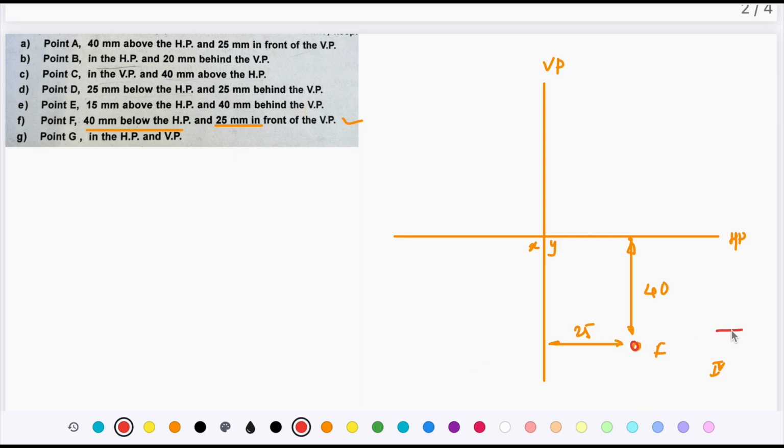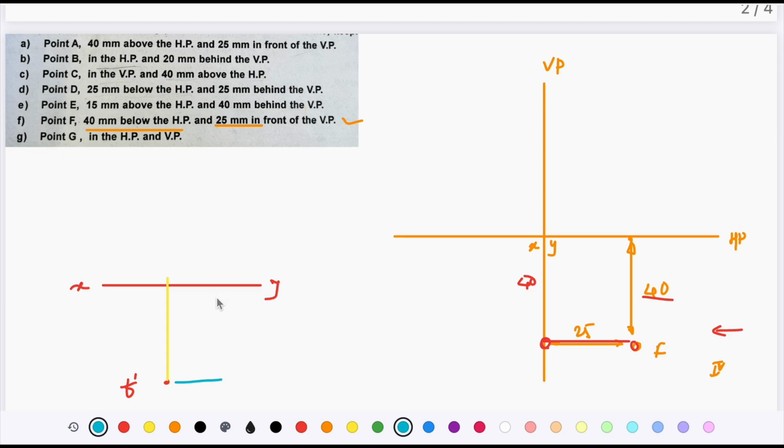Now let's draw its projections. XY line, front view will be projected on VP, below HP 40, so front view will appear below XY at a distance of 40. So this is F dash. This distance is going to be 40.